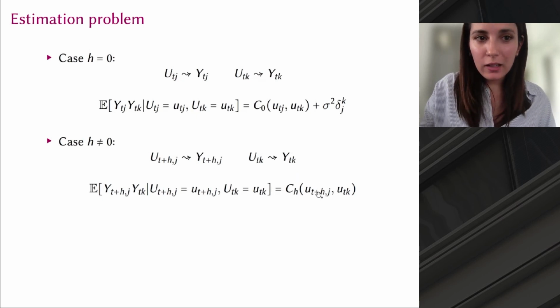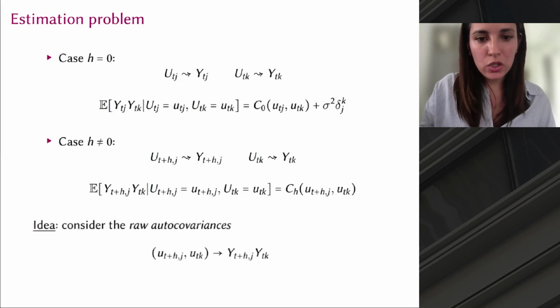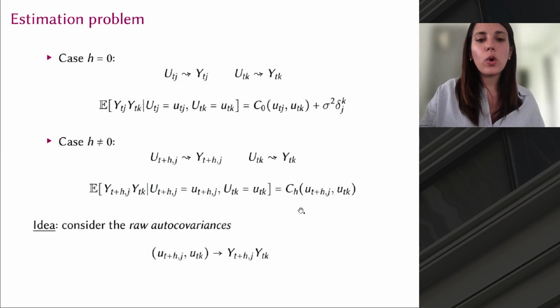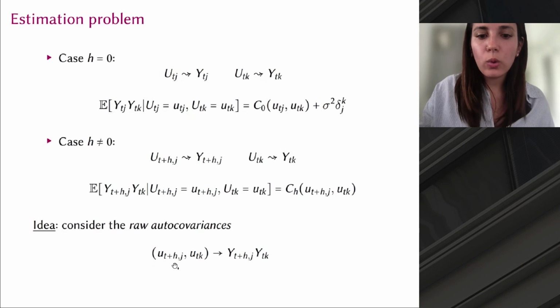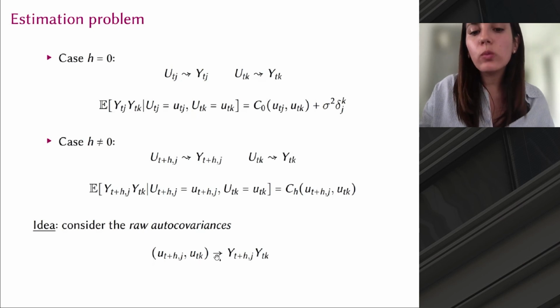So the idea to estimate C_h is to consider the so-called raw covariances. We take the two locations and we compute the product, seen as an unbiased estimator of C_h.